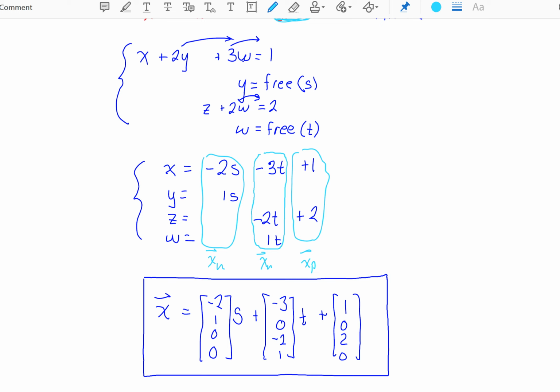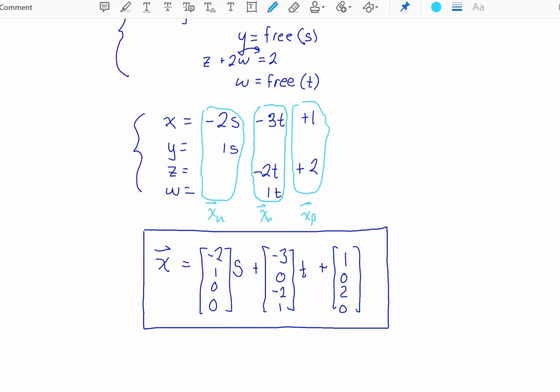So there's something to know: the number of free variables is always going to be your number of homogeneous solutions. Your homogeneous solutions always have the s and the t on them, while your particular solution does not have any variable at all. So this is your non-homogeneous solution.